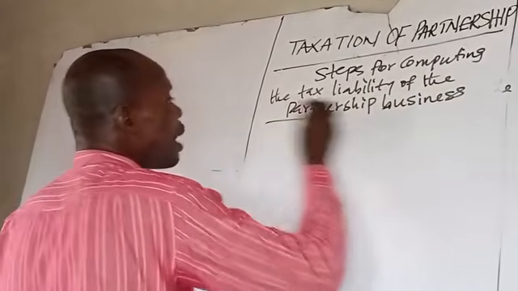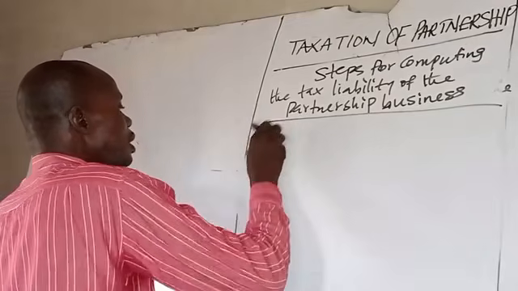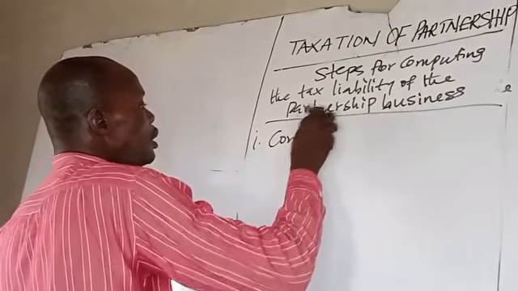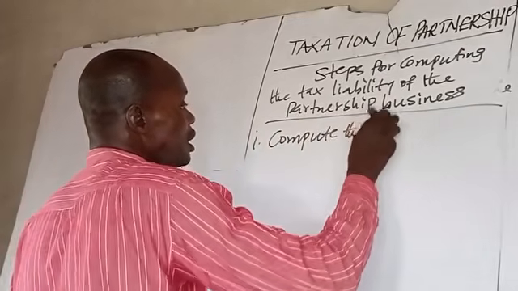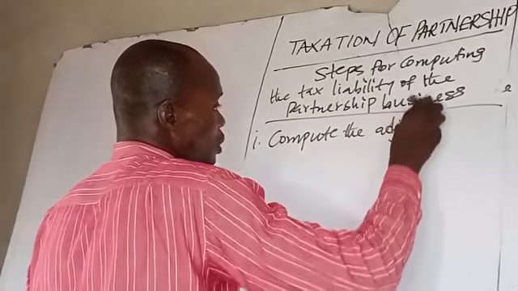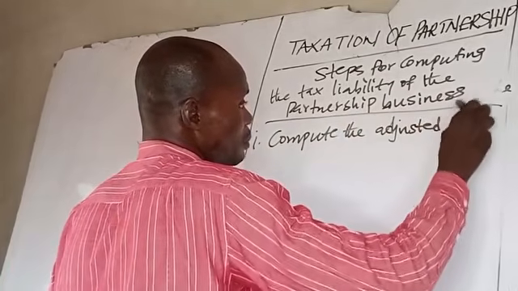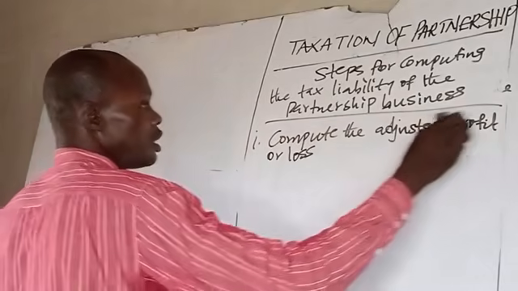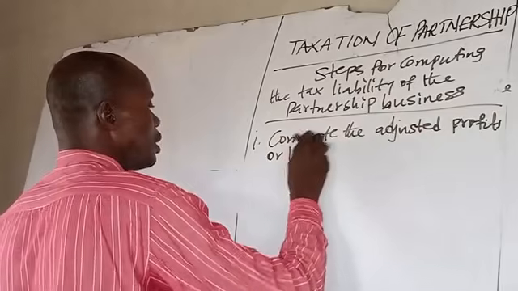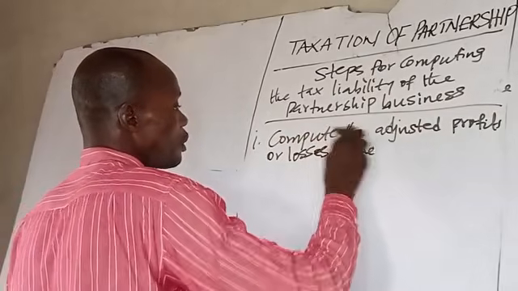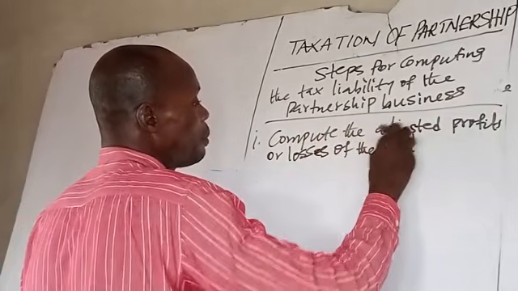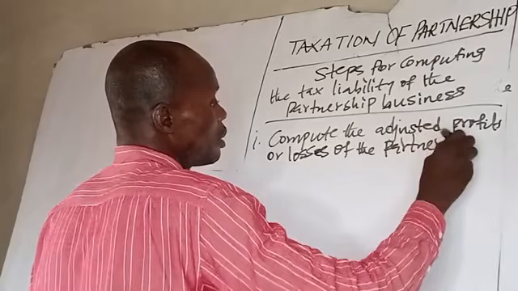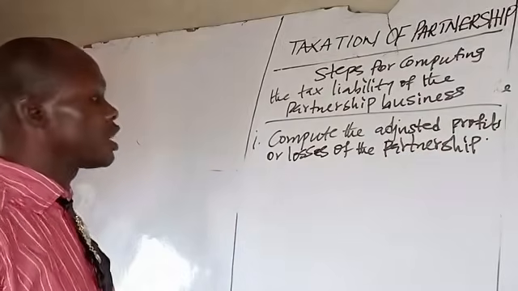The first step is to compute the adjusted profit or losses of the partners or the partnership firm. You compute the adjusted profits or losses.